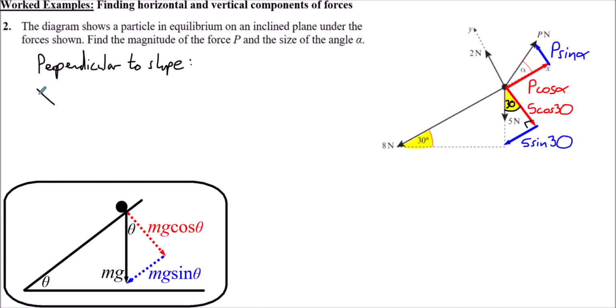So in other words, up will equal down. Going up and away from the slope, we've got P sine alpha plus this 2 Newton force. And going perpendicularly down, we've got 5 cos 30.